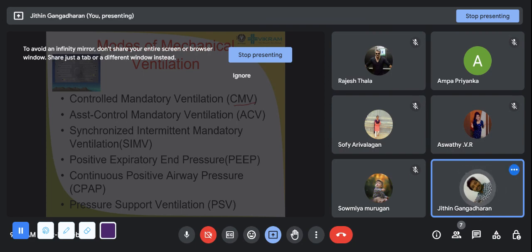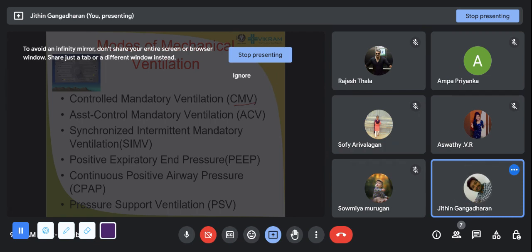If the patient is not initiating respiration for a particular period of time, the machine will give the breath. For each respiration, the machine waits to see whether the patient has the capacity to take the air on his own. That is synchronized intermittent mandatory ventilation.